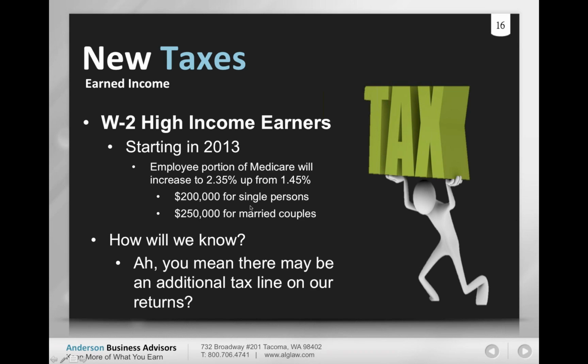If you've earned a W-2 in excess of $200,000, there will be an additional 0.9%, and it's a Medicare tax increase. Now, that's not so bad for a single person, but if I'm a married couple and say I earn $150,000 and my wife earns $150,000, we exceed that $250,000 level. Obviously, we'll have $300,000 of W-2 income.